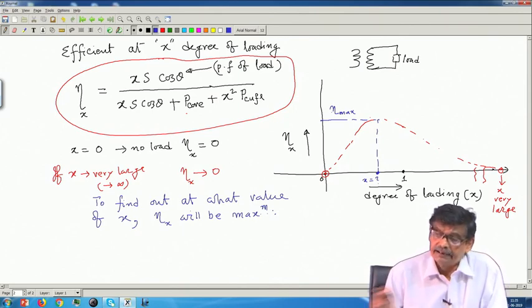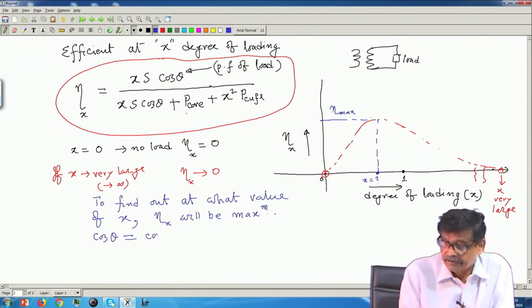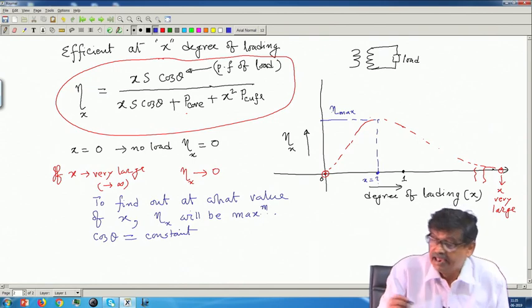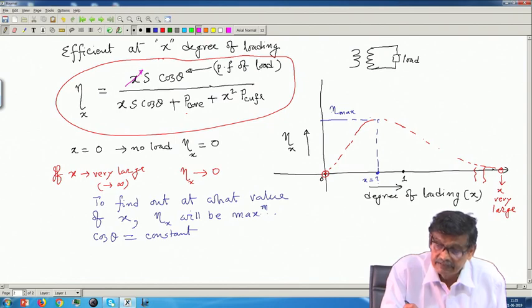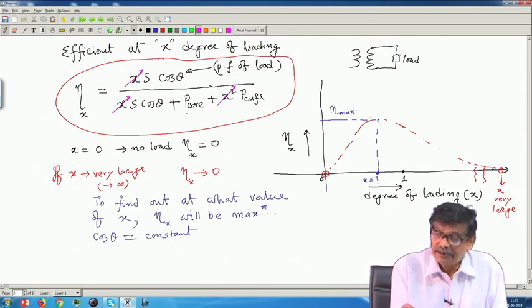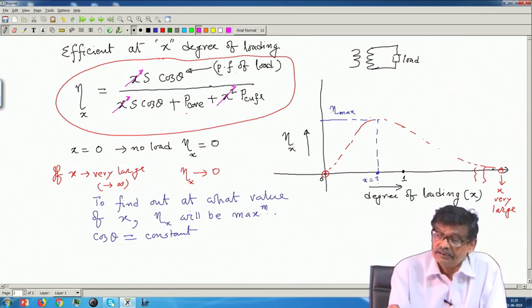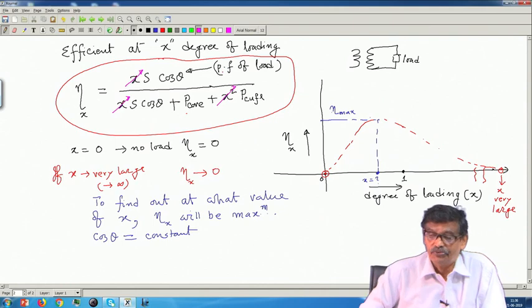Mind you, when I am varying x, I will keep cos theta constant, load power factor I will not change, cos theta constant, I will keep it a fixed value of cos theta and only vary x. So, in this expression I will vary x, but other things remaining constant. S is of course rated kVA. So, cos theta is kept constant, PCU full load. So, I will vary only x.